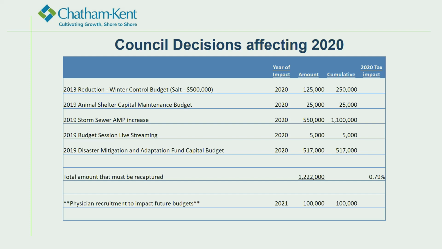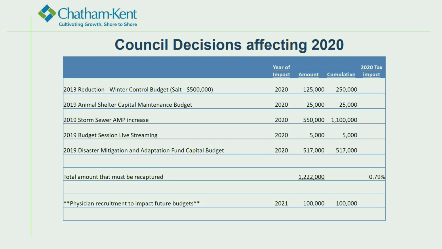The animal shelter was built, and we simply have the new life cycle capital maintenance budget to be added for that. We have the storm sewer decision that's for each year of this term of council. We have the minor item on broadcasting the entire budget, live streaming and having it available on Your TV.